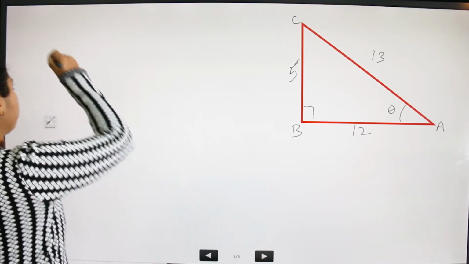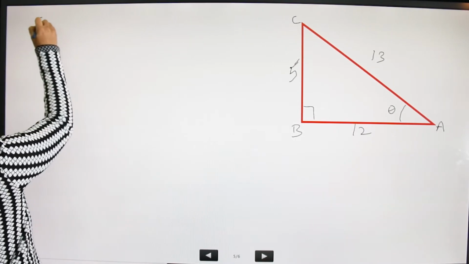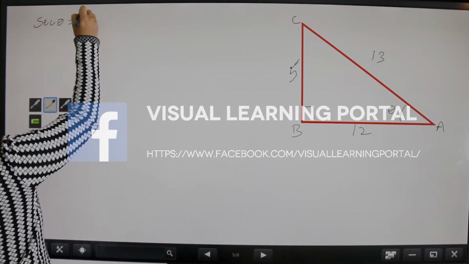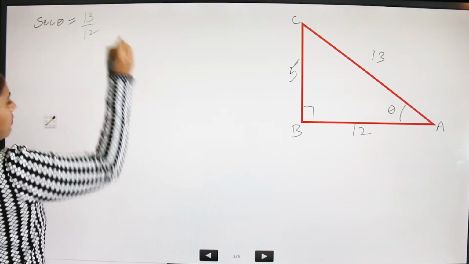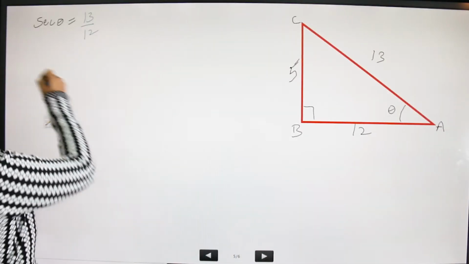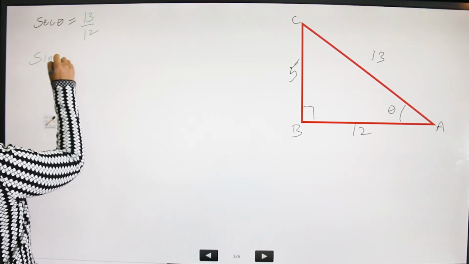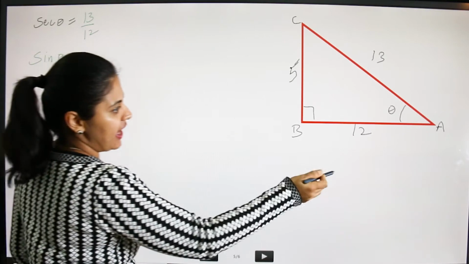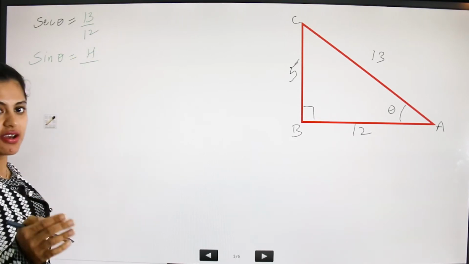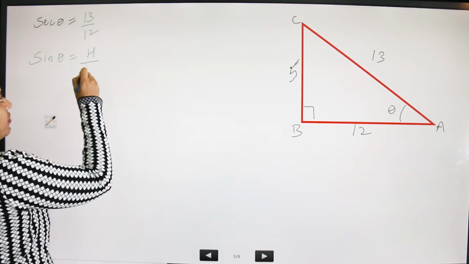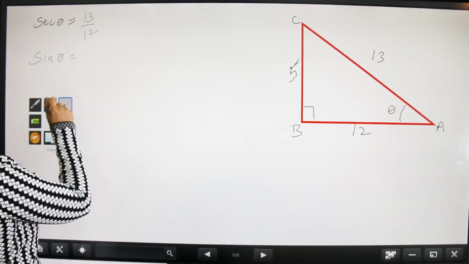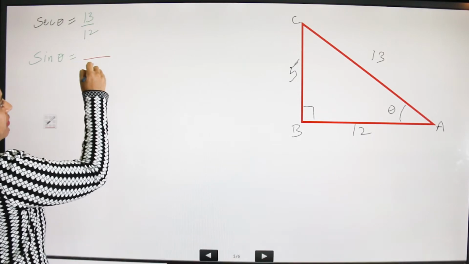Now we already got secant theta is equal to 13 by 12. So you're going to check that: secant theta is 13 by 12. Now it's time to find the sine theta. Sine theta is equal to the opposite side over the hypotenuse, which is the longest side and goes at the bottom.